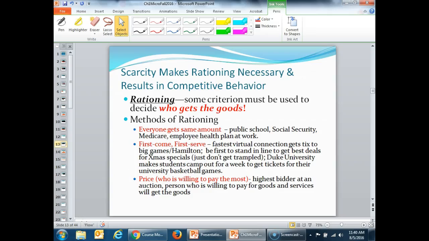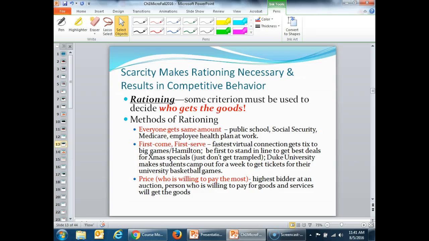Another way of rationing is first come, first served. And that is pretty typical. So when people value the good a lot more than the price, you're going to rush to be the first in line to buy it. So this might be the fastest virtual connection gets the tickets to the big games, or Hamilton.